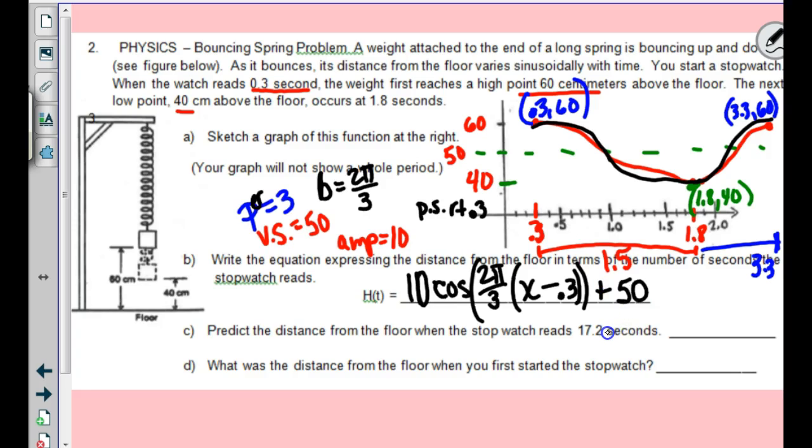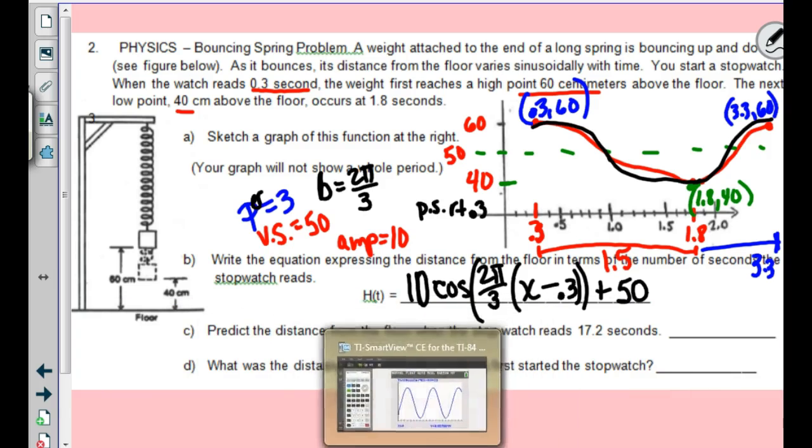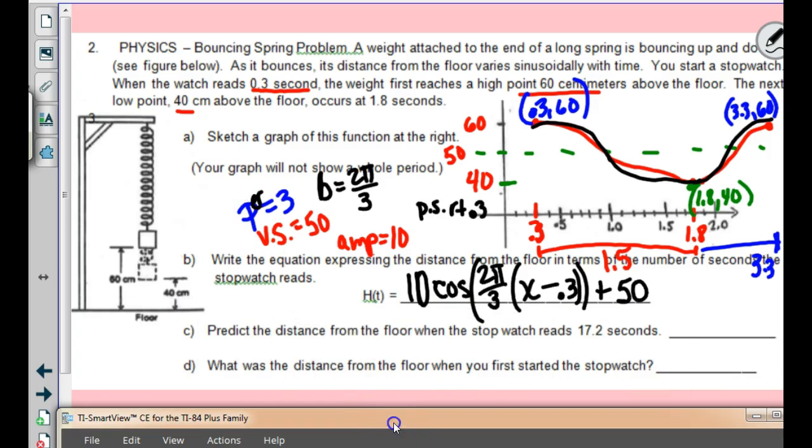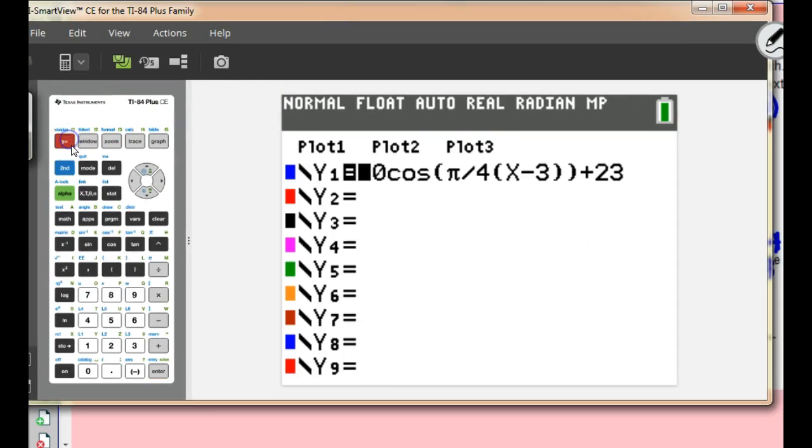All right, let's try graphing this. Ten cosine, 2 pi over 3, x minus 0.3, and plus 50.